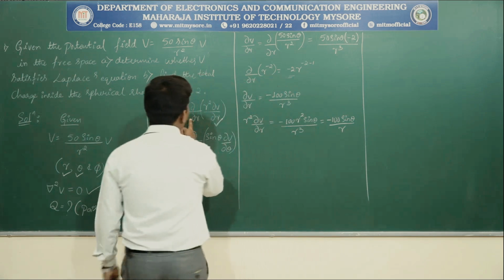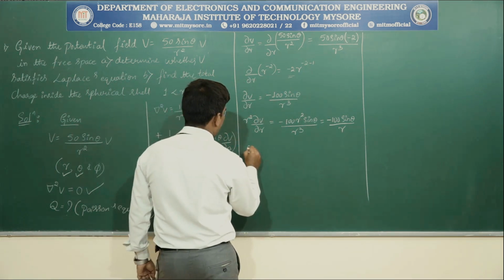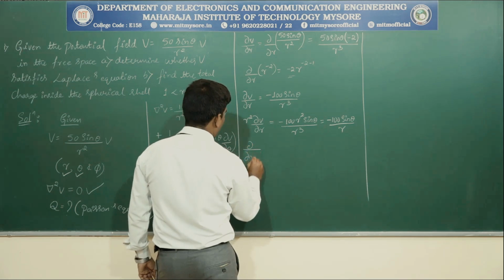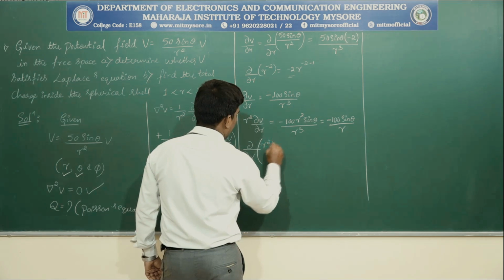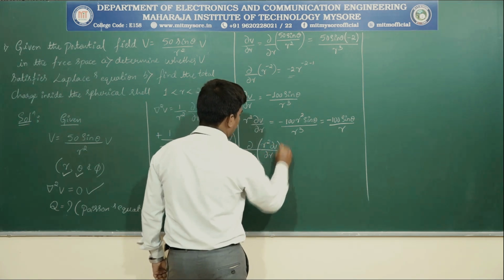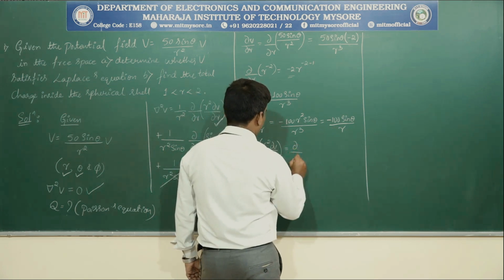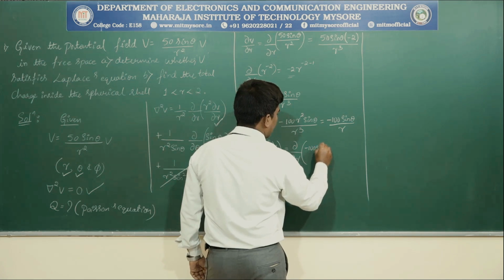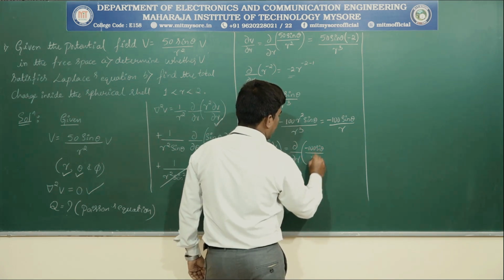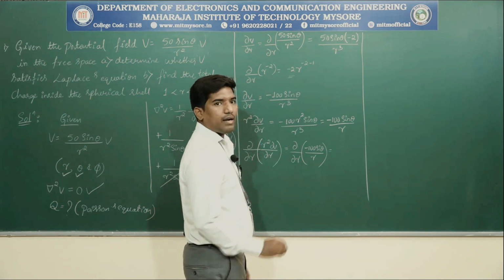Now again we need to perform differentiation, that is ∂/∂r of r square ∂V/∂r. This is equivalent to ∂/∂r of minus 100 sin theta divided by r. What is the differentiation of 1 by r?